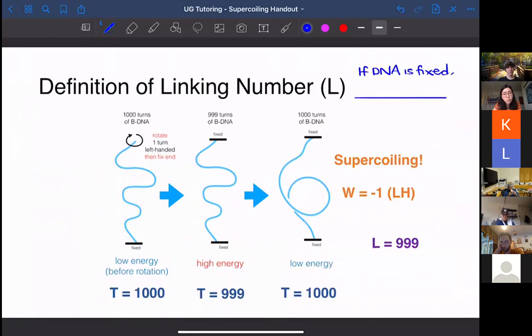So originally, before you did anything to the DNA, its linking number was 1,000. Once you rotated the DNA, you decrease the linking number by 1. But now, because it's fixed on both sides, L has to stay constant.